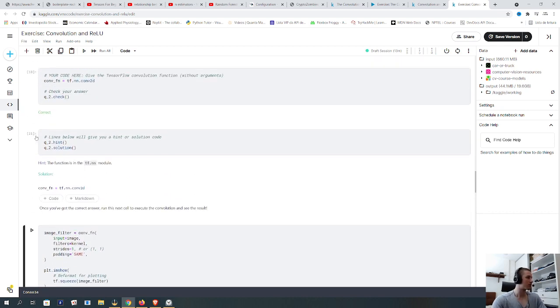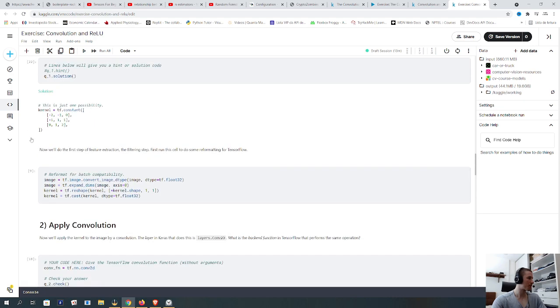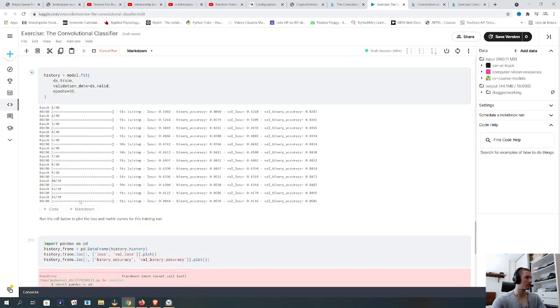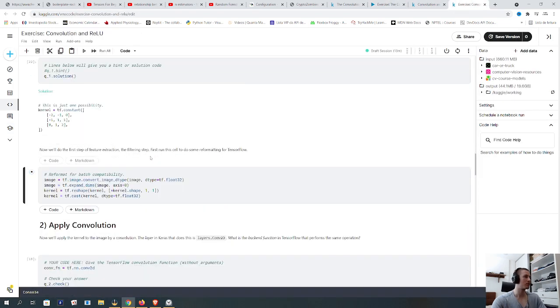Now it's saying that it's supposed to be a float. Maybe I didn't run this, so this cell I think is supposed to convert the image to a float.